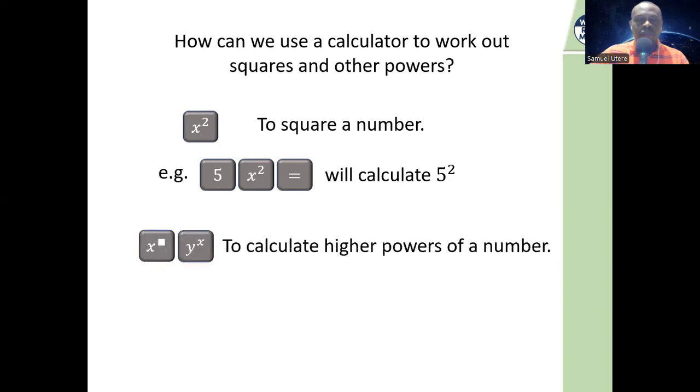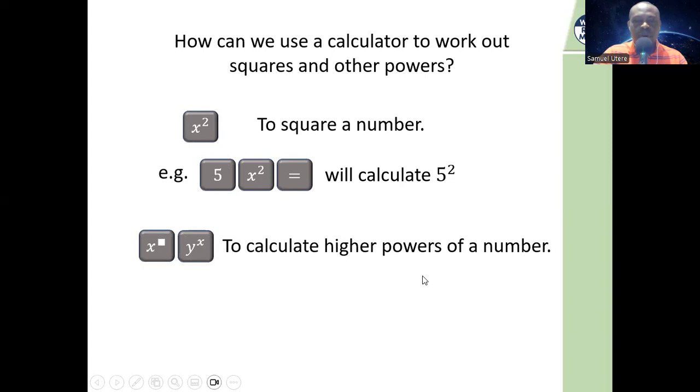If you're asked to calculate higher powers, let's say, for example, we want to work out 5 to the power 6. You say, wow, how do I do that? There is a button that looks like this on your calculator. Some calculators look like this or like this.